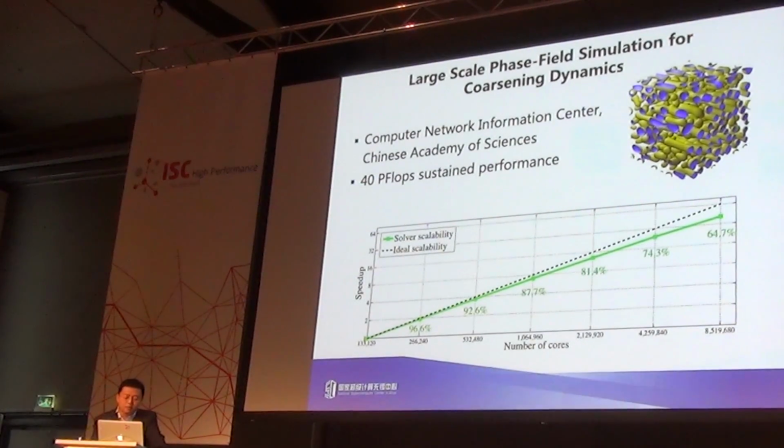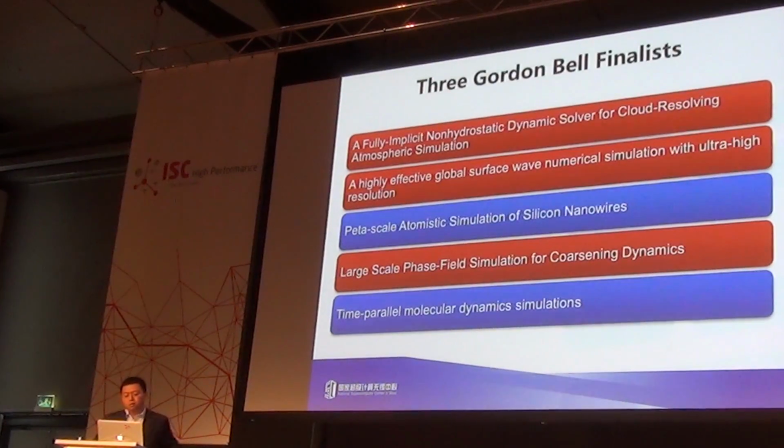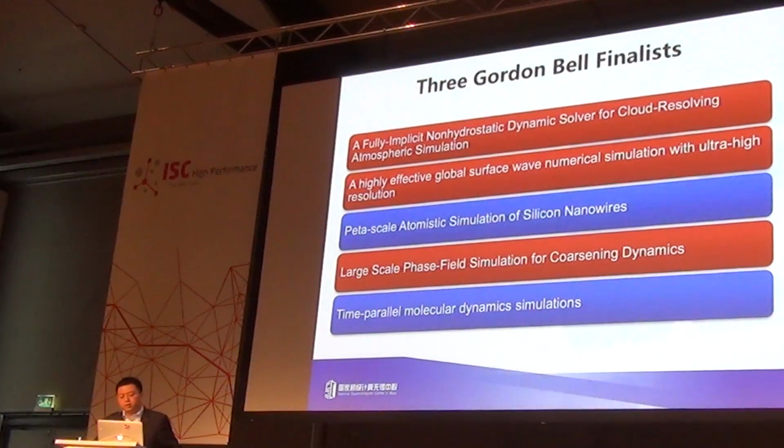In certain cases, the time step of this approach can be longer than some implicit methods, and it can achieve a peak performance of around 40 petaflops. As mentioned yesterday, we were quite excited to know that 3 of these 5 submissions were selected as the Gordon Bell finalists. Okay, that's pretty much all that I want to share in this talk.